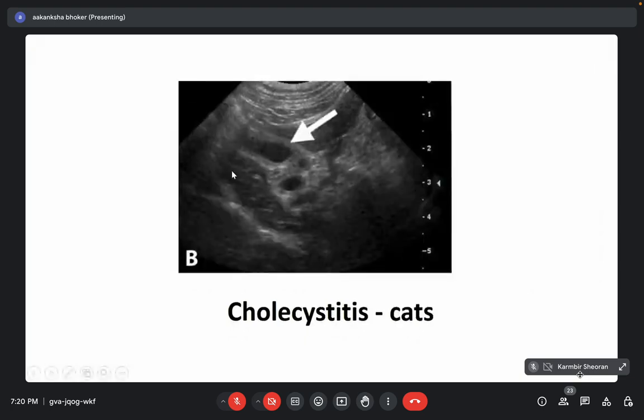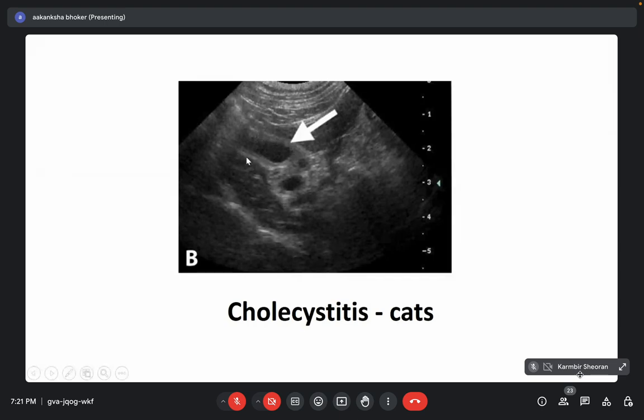Again, here you see this is the liver parenchyma and this is the gallbladder. Here, apart from being thickened, you can see this black colored, anechoic area in the gallbladder. So it indicates edema. The gallbladder wall is edematous also.